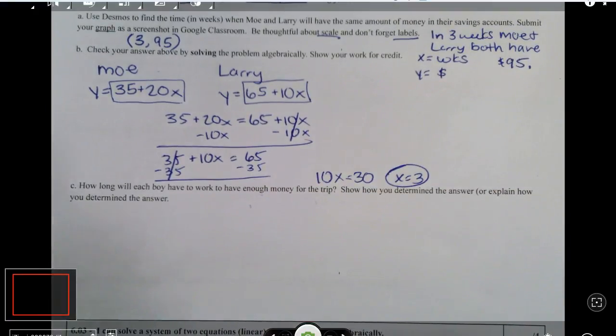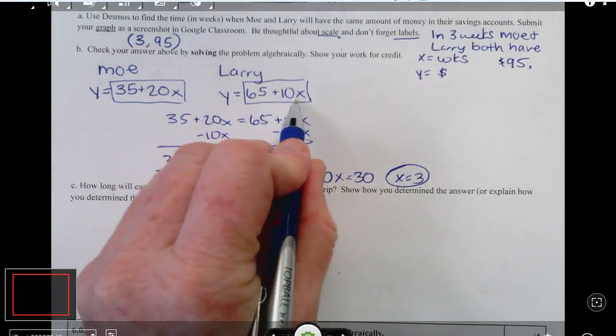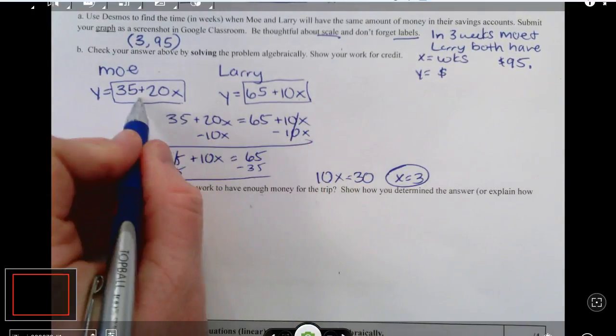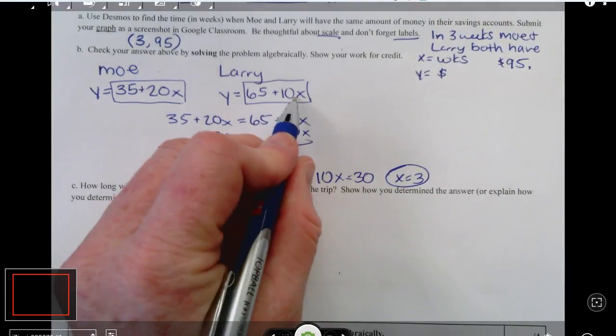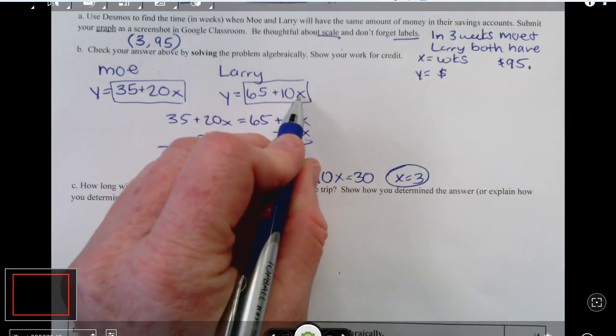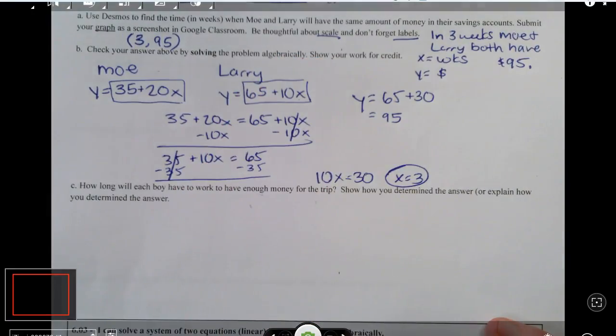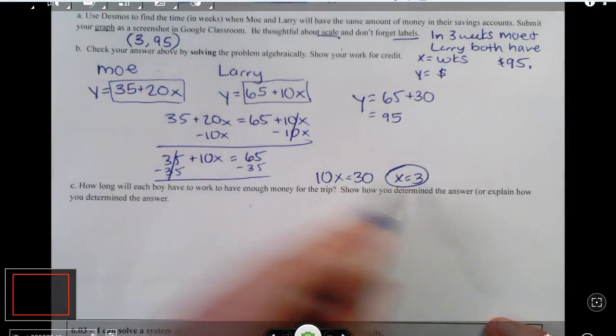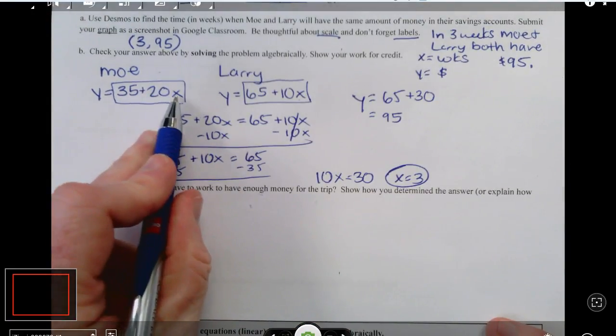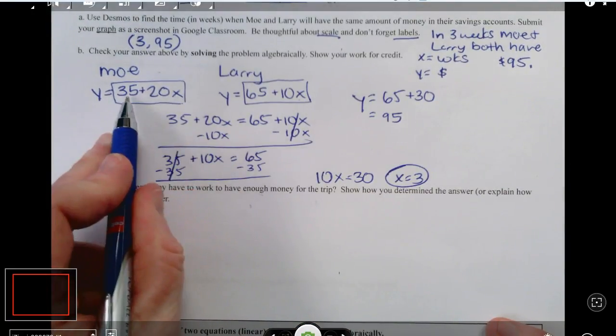And if I want to know what y is, I'm going to simply plug my x value into the equation for Larry or for Mo. If I plug it in for Larry, I get 10 times 3 is 30, plus 65 is 95. Or if you plugged in for Mo, you have 20 times 3 is 60, plus 35 is also 95.